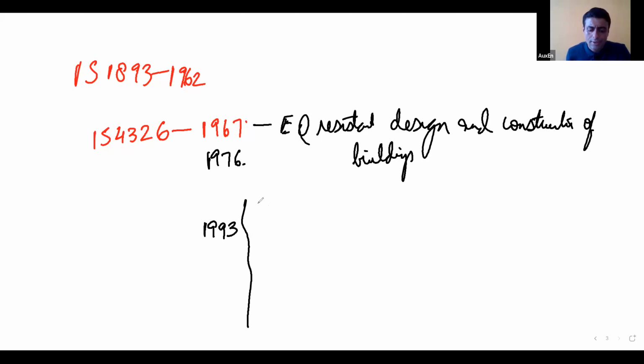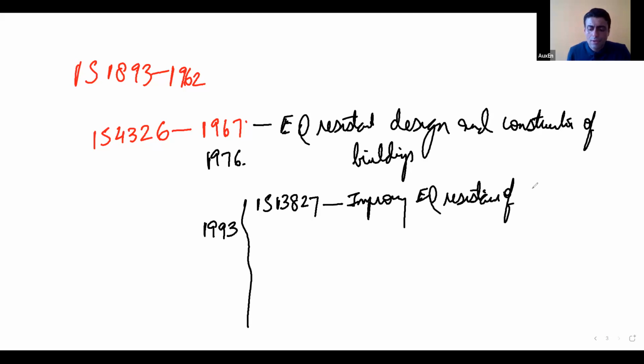I'll just highlight those four codes. One was IS 13827. This dealt with improving EQ resistance of earthen buildings. Very interesting.